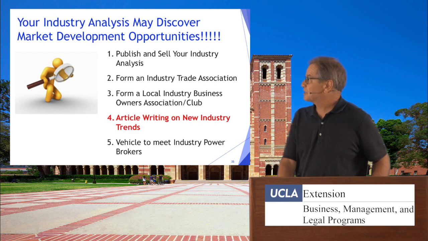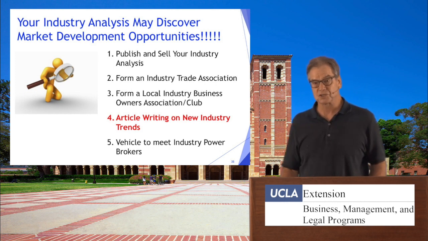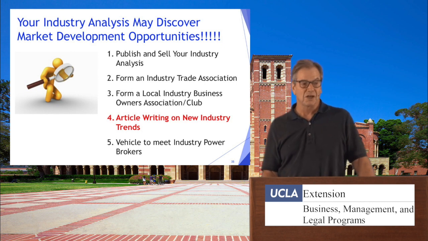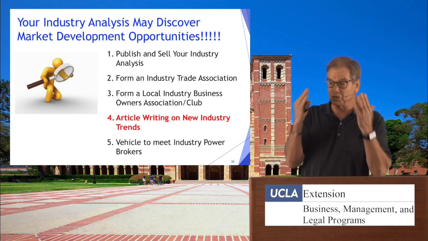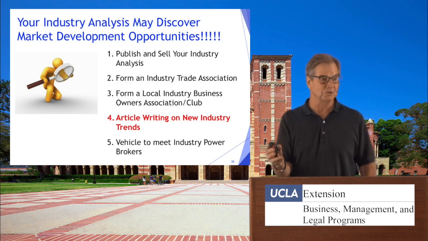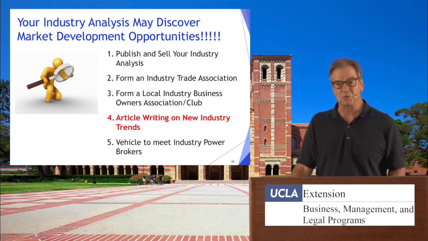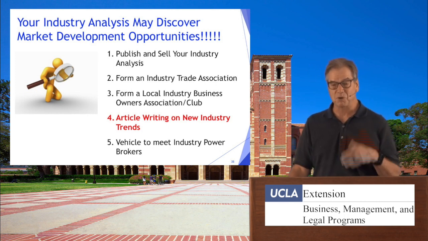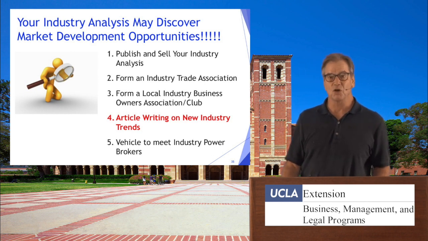Next is you might discover that you could start writing articles on your industry. You might realize that there's very little information on how to do what you do in your industry. So by getting into the industry and mastering it at this level, you might realize that you can start writing articles, and these articles or videos can get posted on YouTube. And they can go viral.